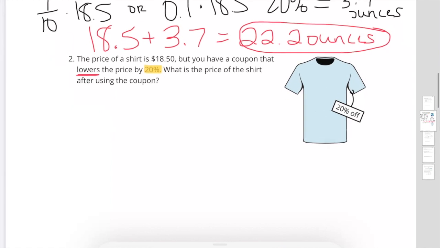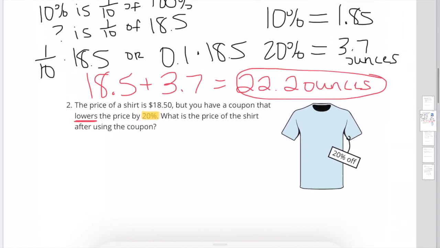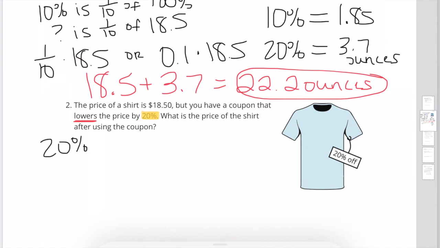So it's a lot less work that we have to figure out, because we know that 20% of 18.5 is 3.7, but since we're working with money, it would be $3.70. So that 20% coupon is worth $3.70.